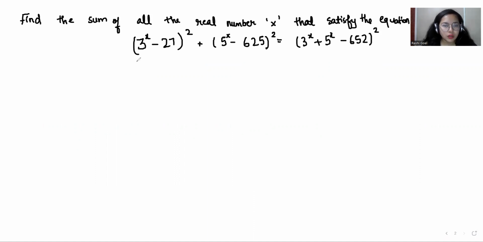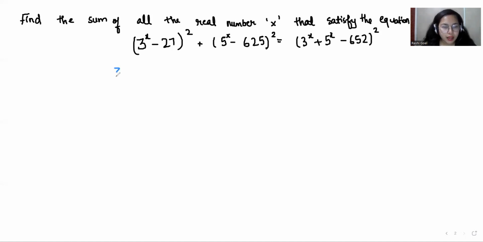I can write the equation as (3^x - 27)^2 + (5^x - 625)^2 = (3^x + 5^x - 652)^2.